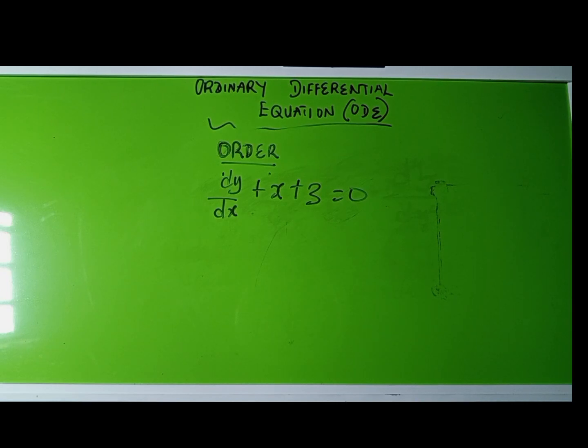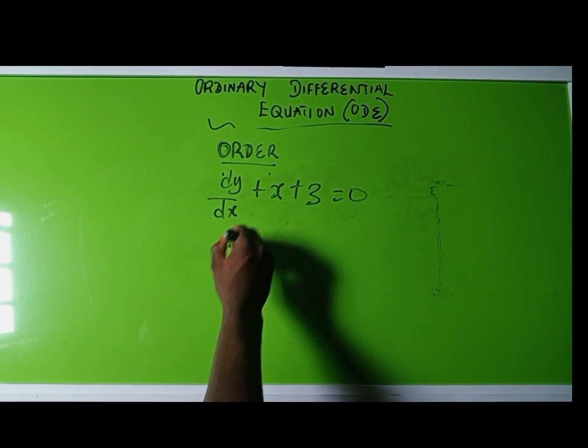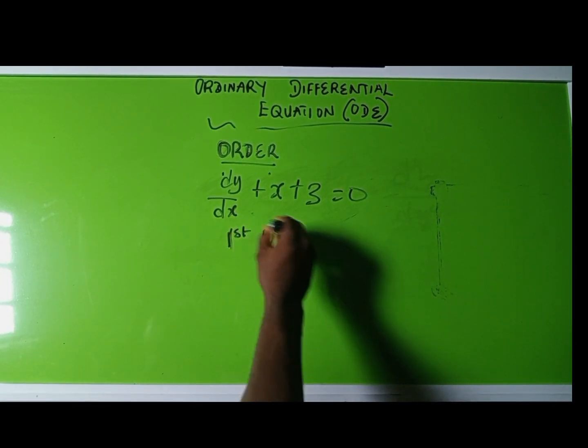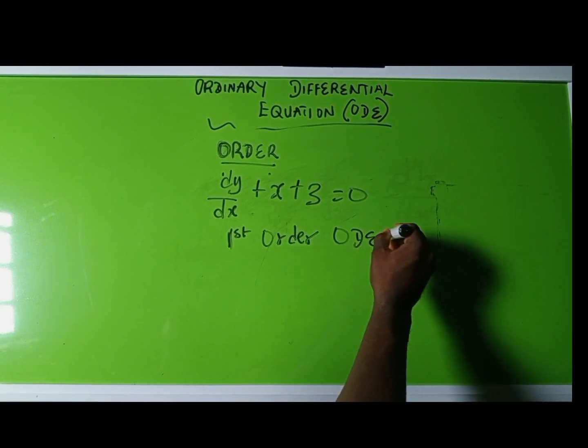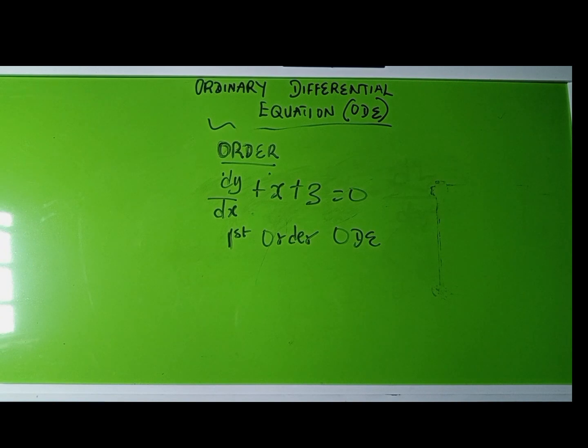How many derivatives are you seeing in the equation? We are seeing just one derivative. What is the power of the d you are seeing? It is an invisible 1. So what is your order? Your first order ODE. Now, let's take another example.